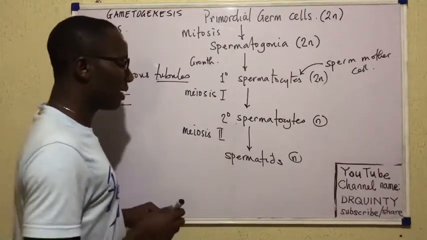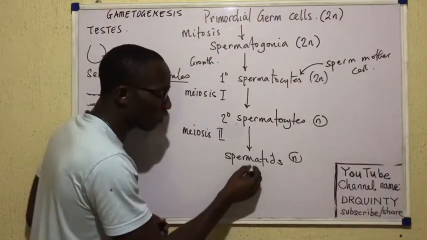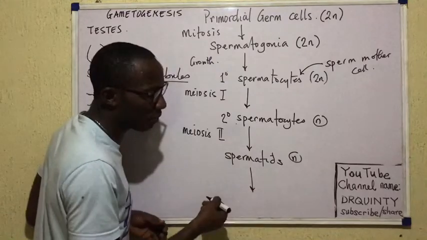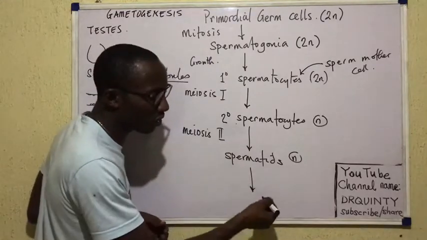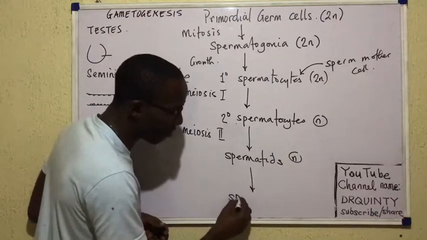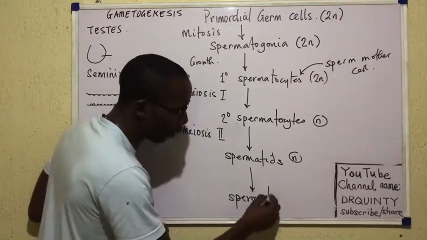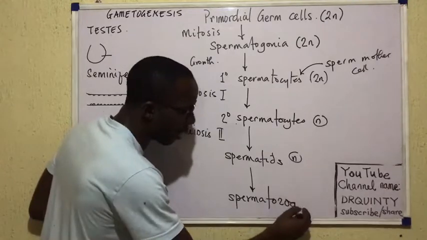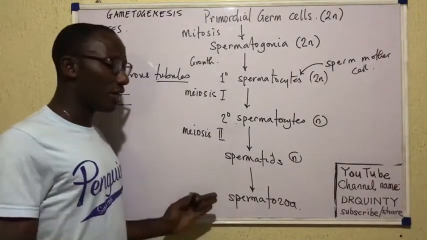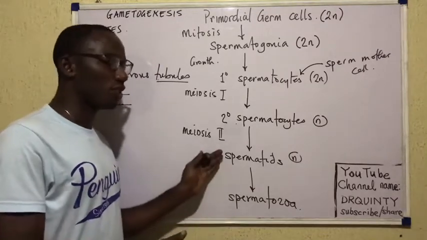Now, these spermatids are like the mature sperm, but they are not the mature sperm. They need to undergo maturation. They need to undergo differentiation before they become the mature sperm cells called the spermatozoa. So the spermatozoa, or sperm for short, are the mature forms of the spermatids.